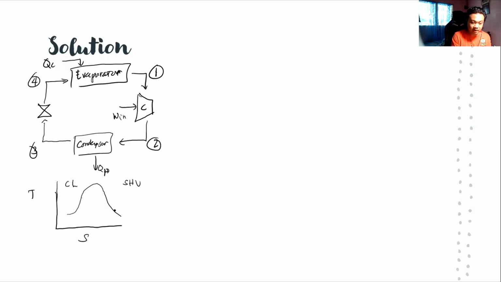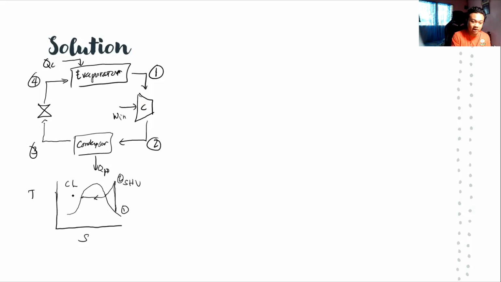The vapor compression cycle has this diagram. So actually we start at 1, right? It starts as a saturated vapor at 1, and then it becomes a superheated vapor at 2. Then it goes down here in the condenser, where it becomes a saturated vapor, and because it will be condensed, it becomes a saturated liquid.